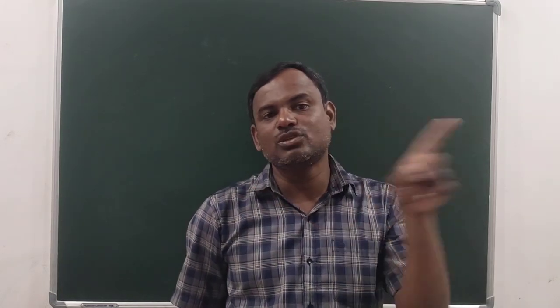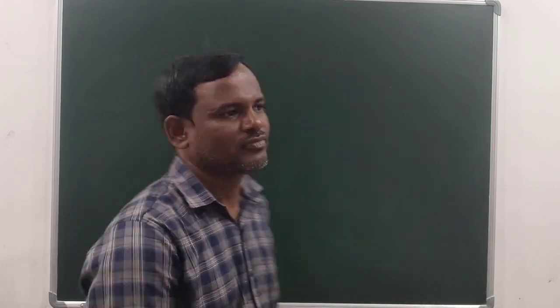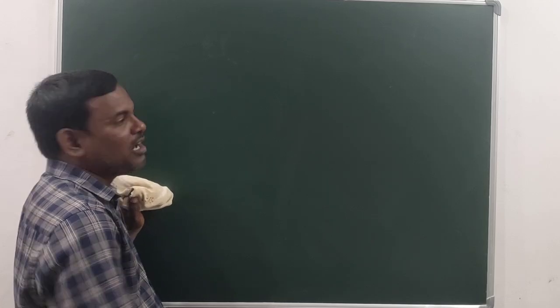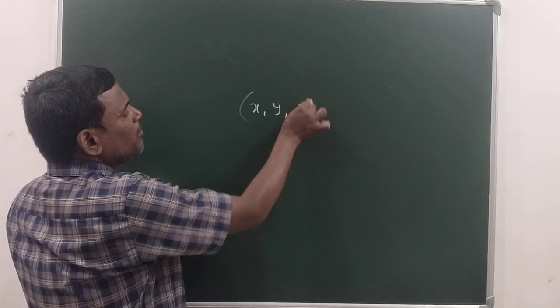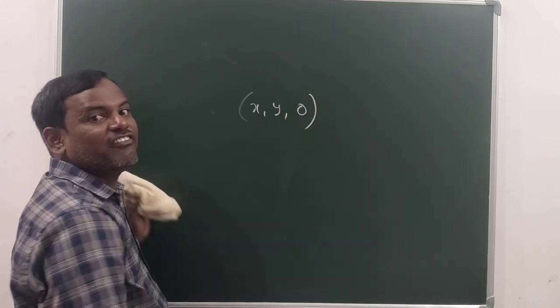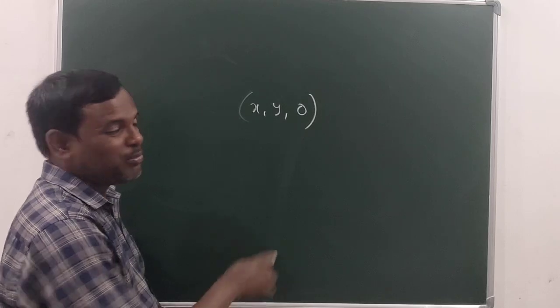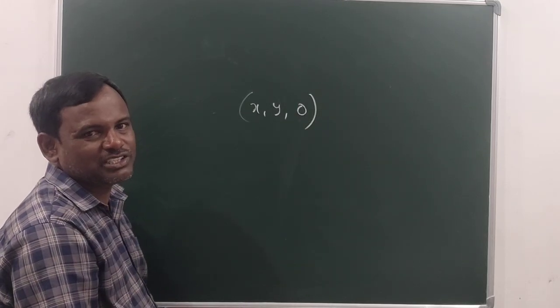And at what ratio does the xy plane divide AB? You know, on the xy plane, the z coordinate of every point is 0.